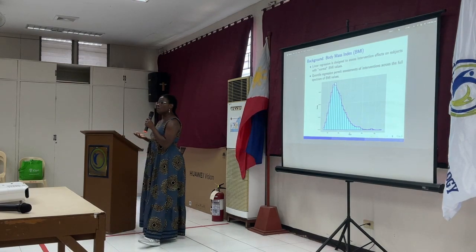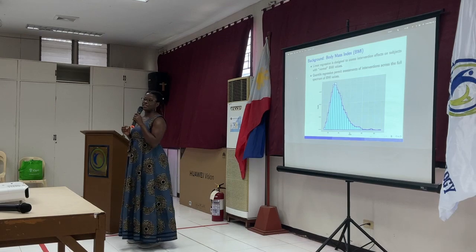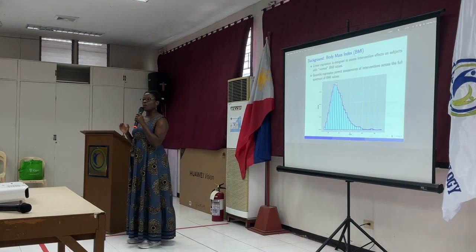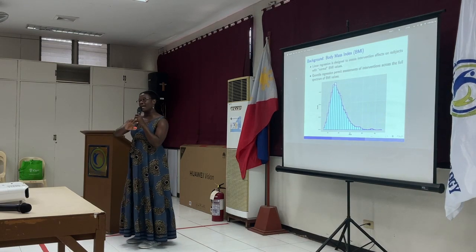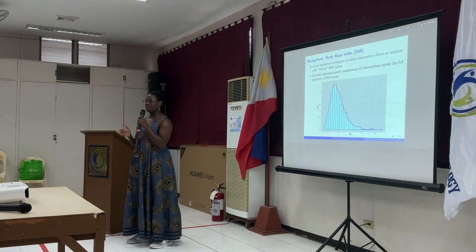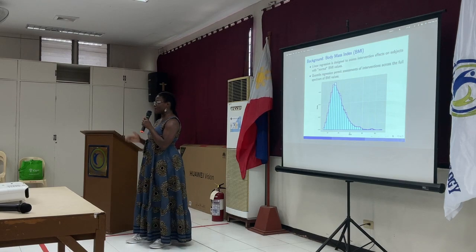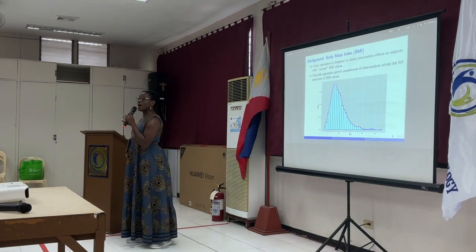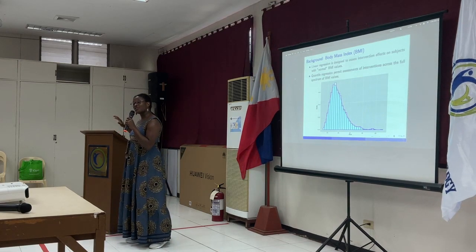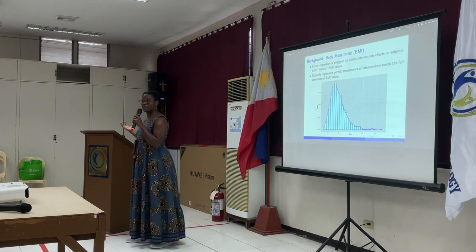But what we know is that when we want to study obesity, we want to be able to look at how interventions are influencing everybody, not just individuals with the average body weight or body type. We also want to look at the individuals on the upper end who are at higher risk for obesity or type 2 diabetes.